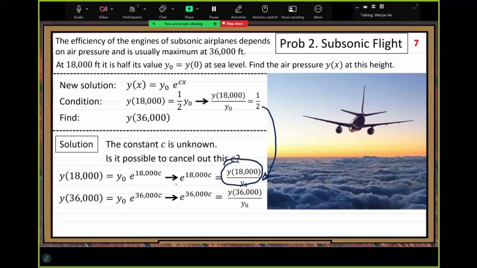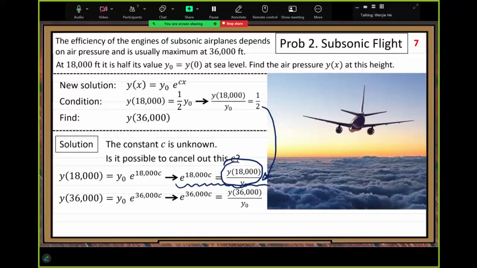Then e to the 18,000 times c equals 1/2. Can you solve this equation for c? Yes, you can find the c value. Okay, if you like, you can find the c value. So that's why so many students, when they did homework, they choose this way because they feel it's simpler for their thinking. Okay, you can do that if you like.